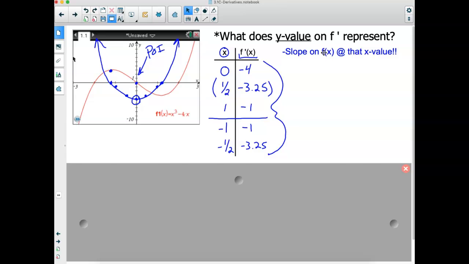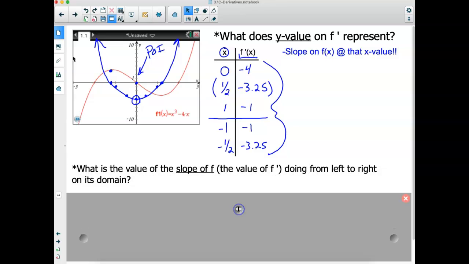So what I'd like to do here is try to answer this question. What is the value of the slope of f, which is the value of f prime?